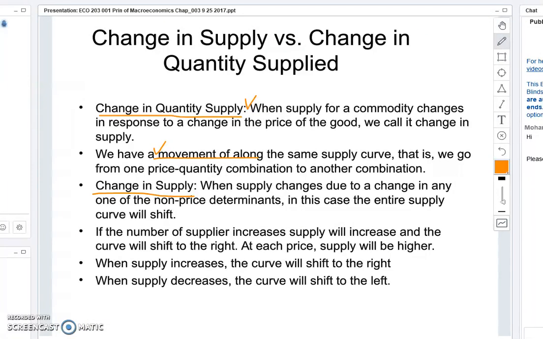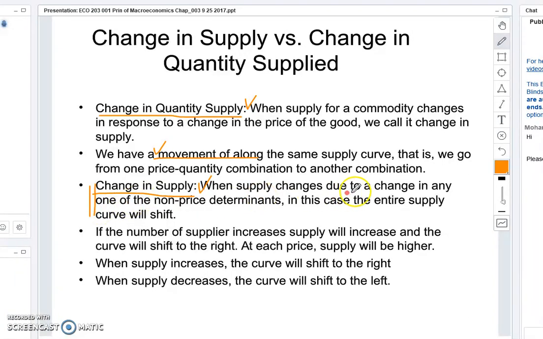On the other hand, for change in supply, when any of the non-price determinants change, and that changes supply, we call that a change in supply. The non-price determinants of supply, which we will soon show you, include cost, the number of producers, and several other factors.